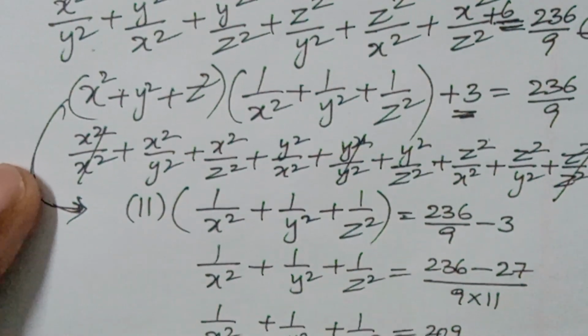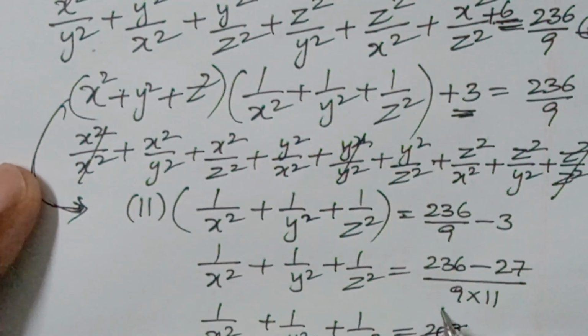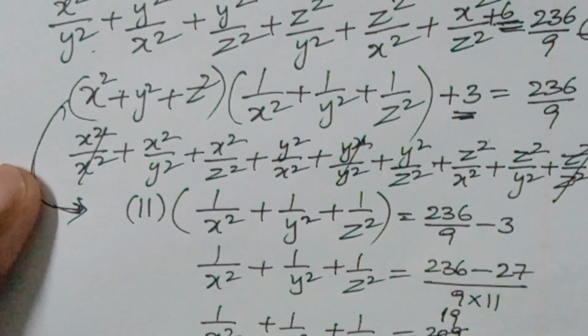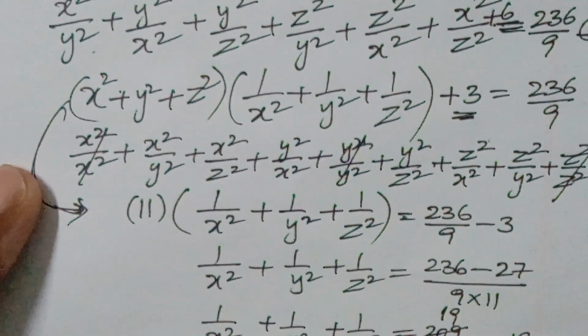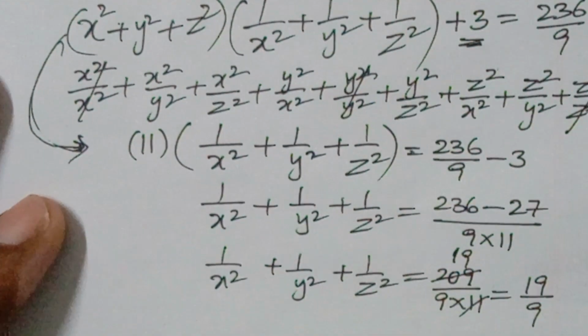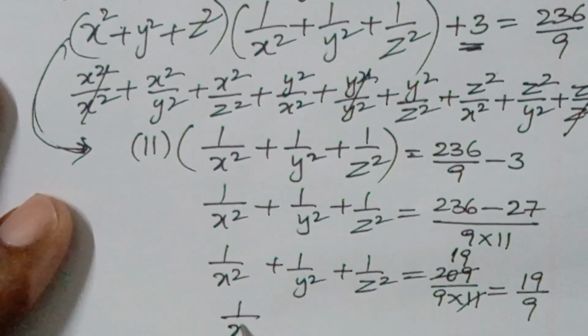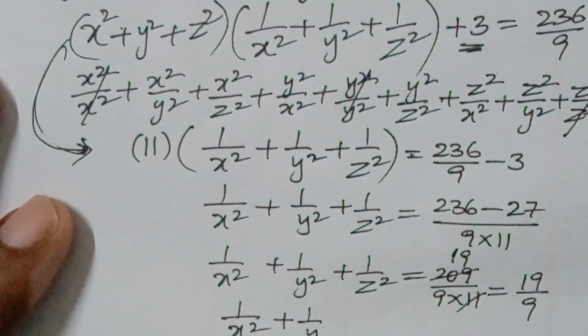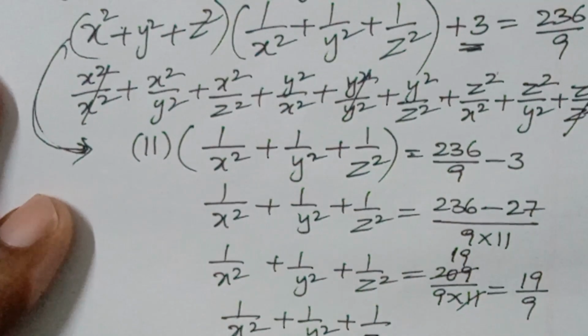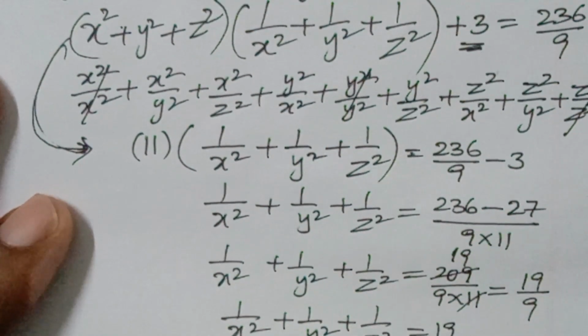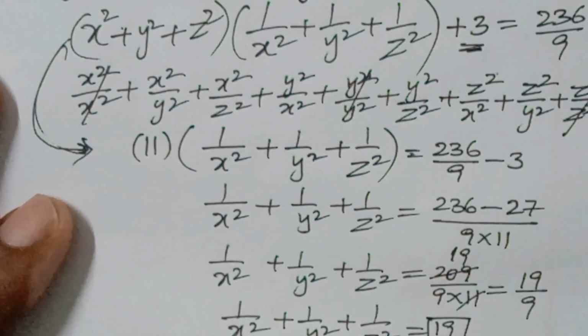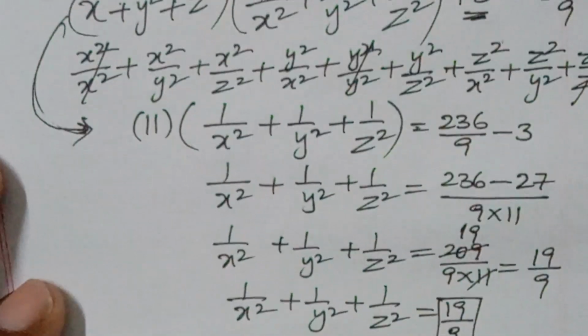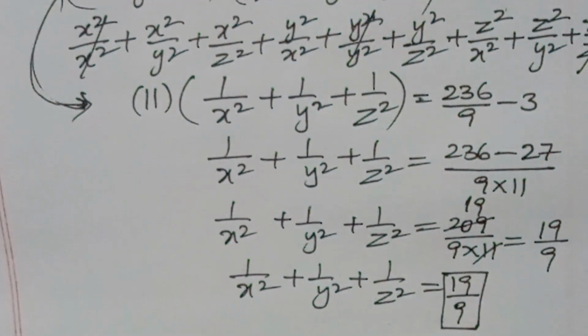So here 11 will go into 209 19 times. So the value is 19 by 9. 1 by x square plus 1 by y square plus 1 by z square is equal to 19 by 9.